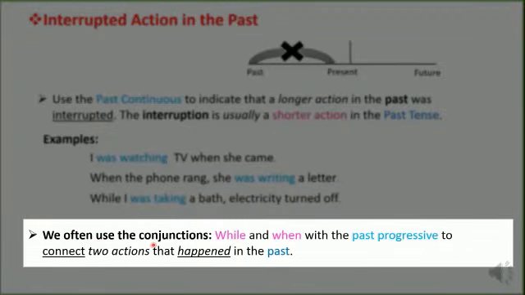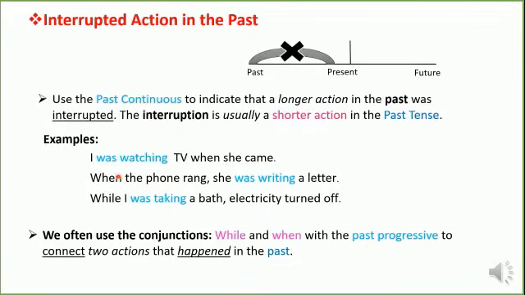We often use the conjunctions while and when with the past progressive tense to connect two actions that happened in the past. In order to connect two actions that both happened in the past, we have to use while or when. Look at these sentences: was watching and came; rang, was writing; was taking, turned.